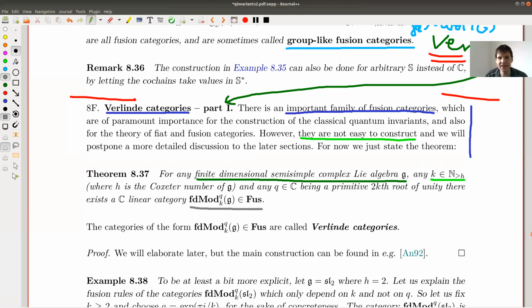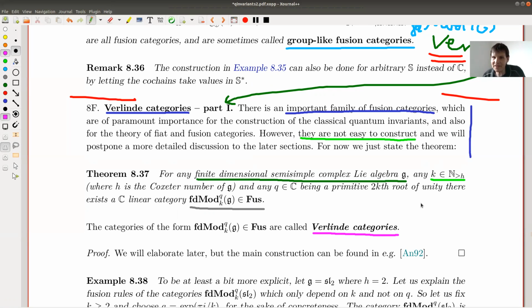which is a C-linear category, and it's denoted by FD Mod of U_q g. These are the Verlinde categories. All this is saying is that there's a huge family of these things. First you can choose a Lie algebra.